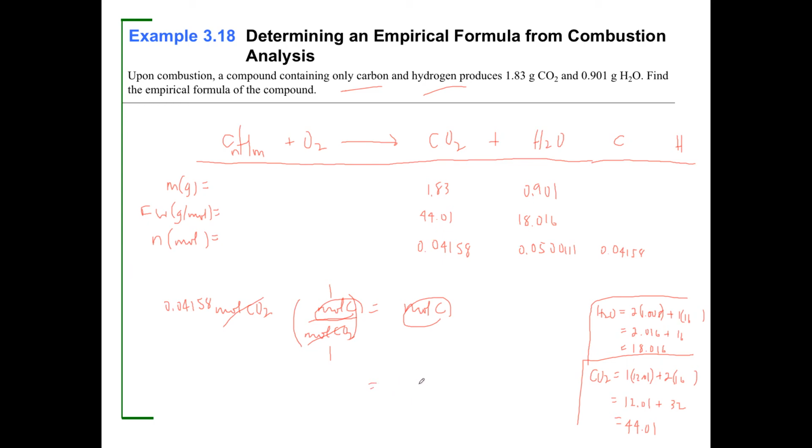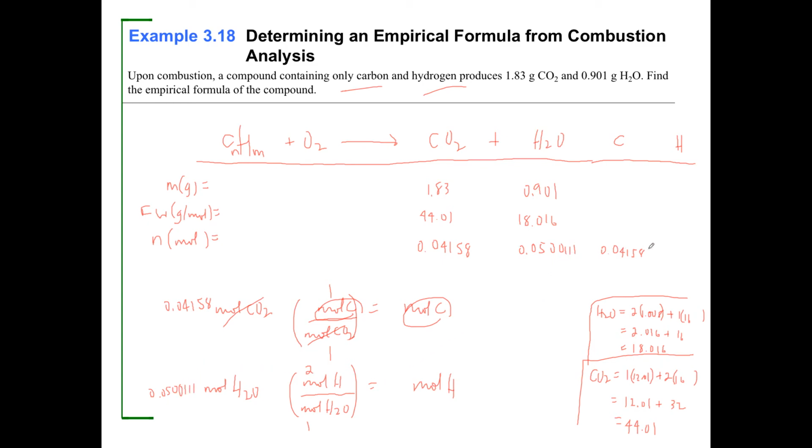But now if I'm looking for the moles of hydrogen, it's not a 1-to-1 ratio. That's 2, right? I'm looking for moles of hydrogen because that was my question, right? N and M. I've already figured out moles of water. So I'm going to calculate, this is a 2-to-1 ratio, and this was 0.050111.